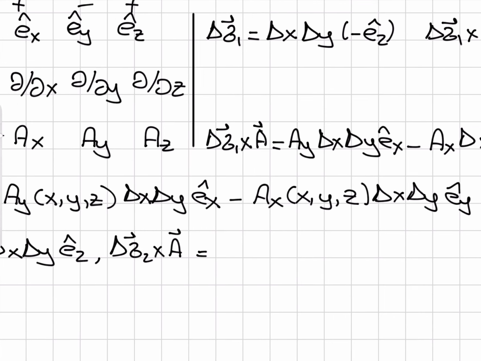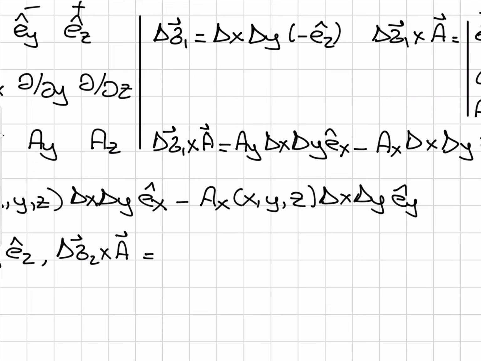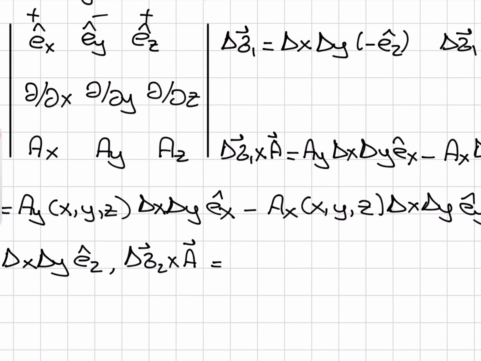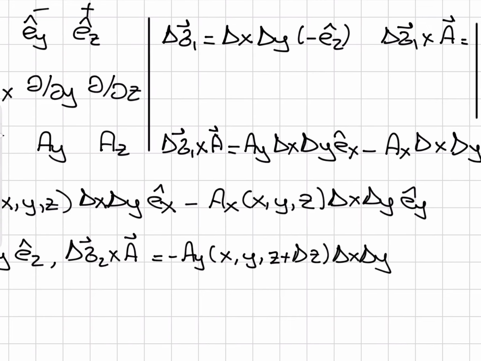This is now, instead of AY at XYZ, I have minus AY at XY Z plus delta Z, delta X, delta Y in EX hat direction.